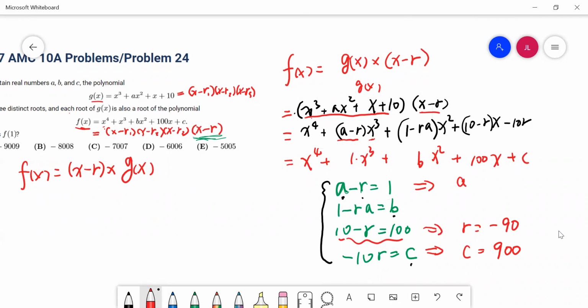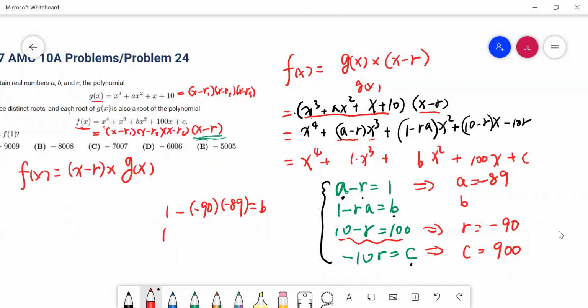So we can find a, actually equal to: this minus negative 90, that's plus 90. So then subtract 90 from both sides. Then we have a equals negative 89. So then we can have one more, b, right? So this is 1 minus negative 90 times a. We know a is negative 89, equal to b, right? So then what's that?